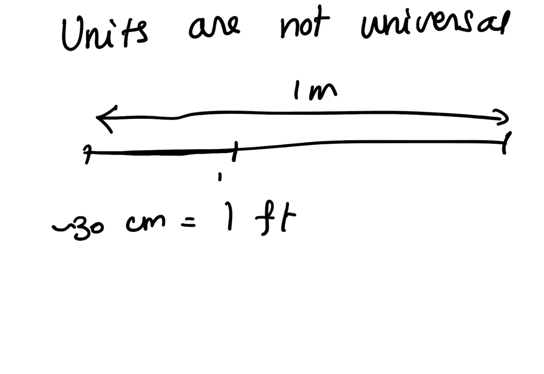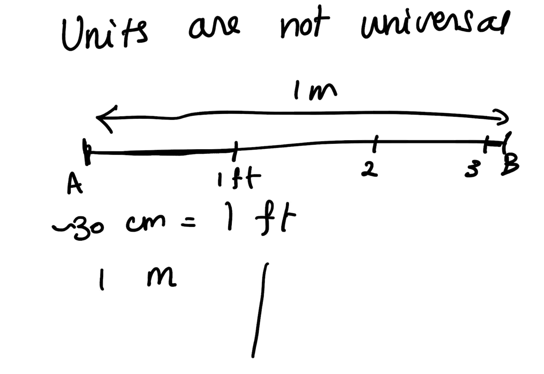So if I measure in feet here, this will be 1 foot, this will be roughly 2, and this will roughly be 3 with a little bit of excess. So the same length from point A to point B in one set of units is 1 meter, in another set of units is 3 and perhaps 1/3 feet.